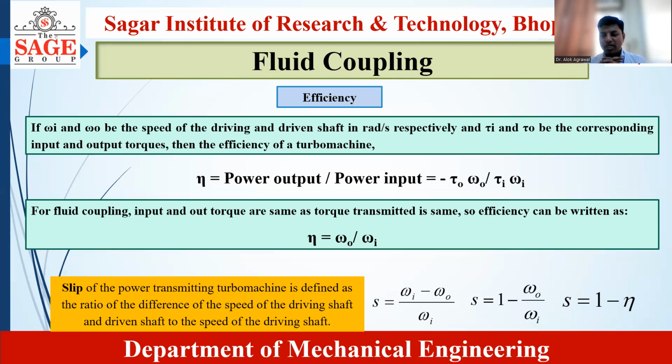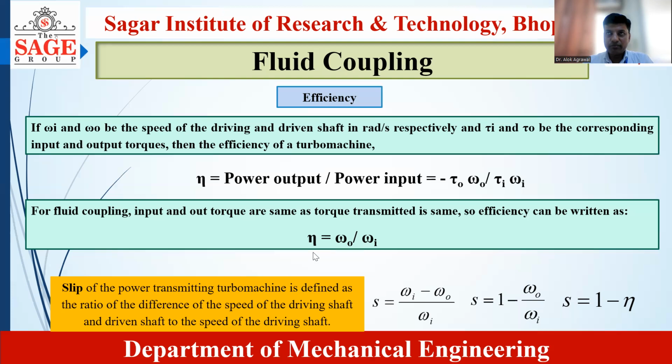Why is it so? Because 100% transmission of power is not possible, 100% efficiency is not possible. See, if this omega 0 and omega I become the same, then the efficiency of the turbo machine will be 100%, and it is not possible for any machine to deliver 100%. So there will always be omega 0 less than omega I, and the efficiency will be around 95% or 97% or 90%, anything like that.